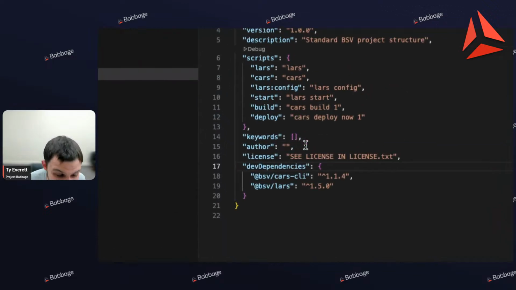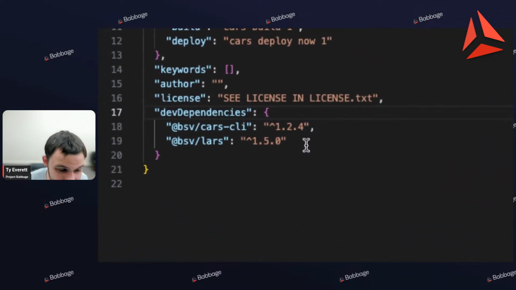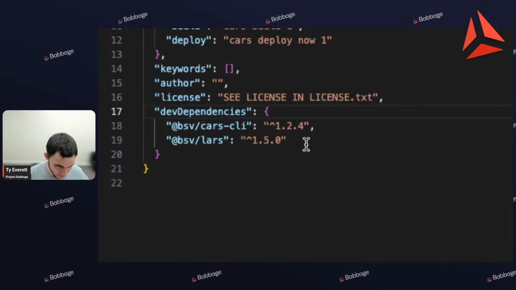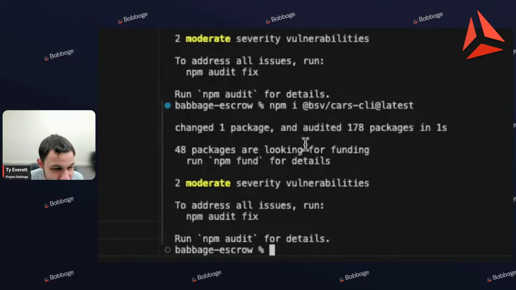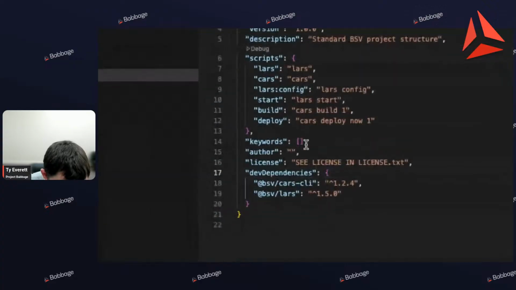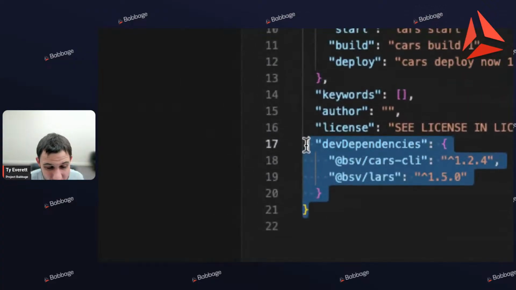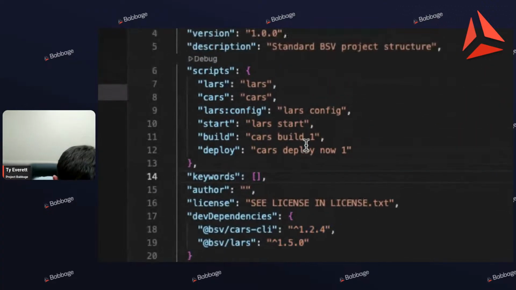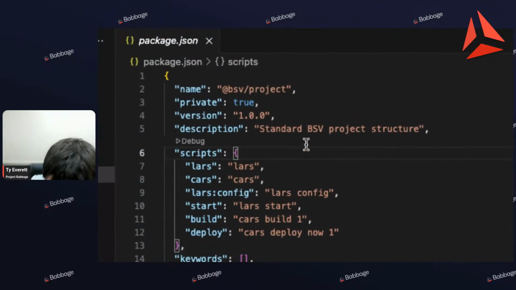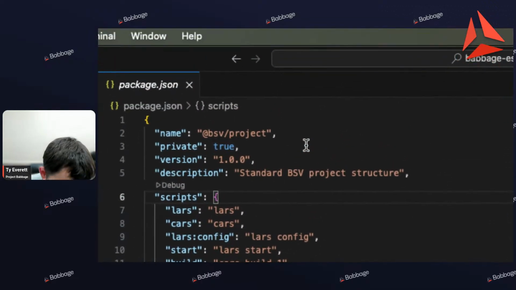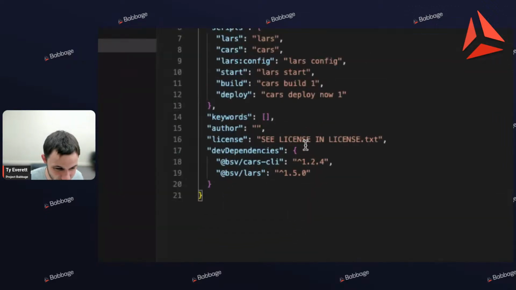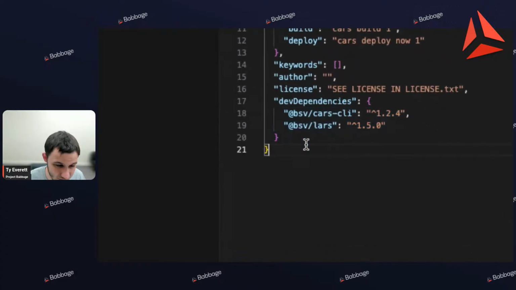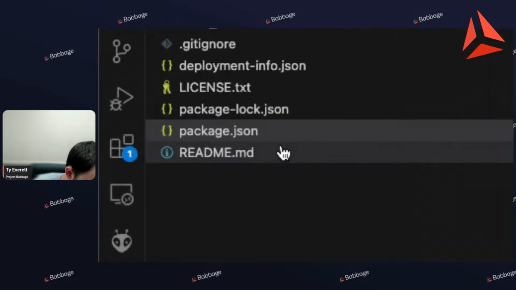If you don't use the latest one, then it's really going to make you have a really bad day, especially if you're on Windows. 1.2.4. So yeah, definitely use the latest deps for those on your root package.json of a BRC102 project, Lars and CARS CLI. Okay. And probably after you watch this live stream, the versions are going to be even higher. So don't just look at these ones and use these. Just use the latest.